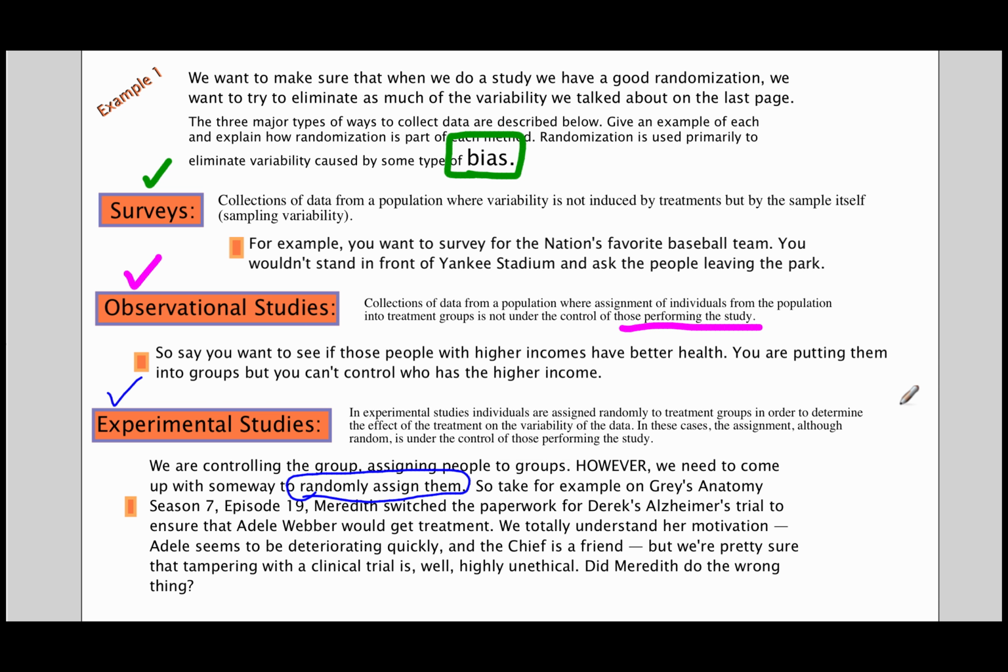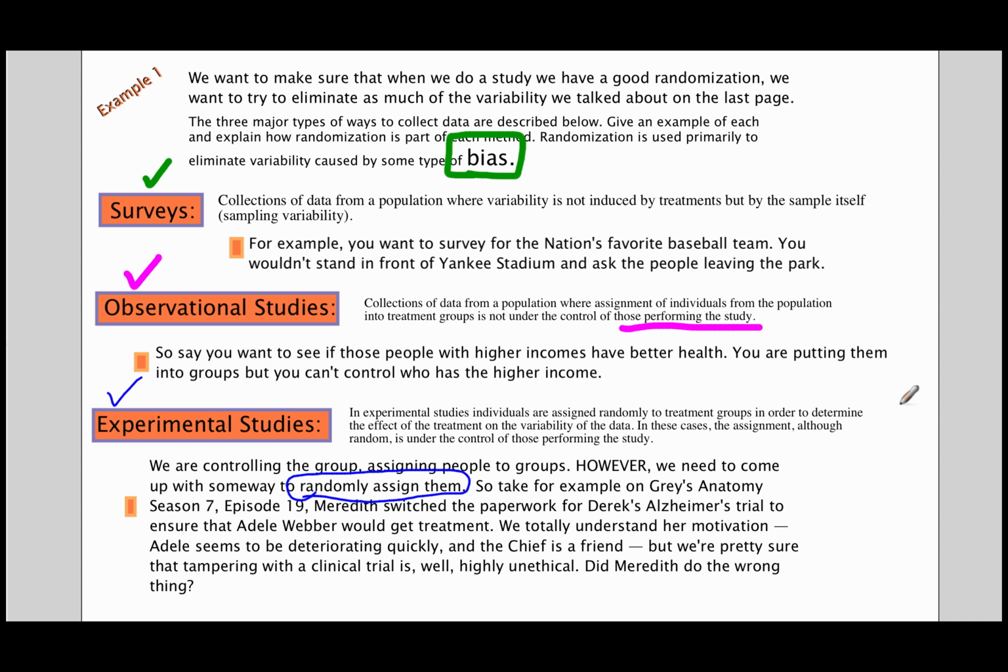We can't play favors. So take, for example, Grey's Anatomy, Season 7, Episode 19. Oh, Sophia, you're just excited right now. Remember Meredith switched the paperwork for Derek's Alzheimer's trials to ensure that Adele Webber got the treatment? We totally understand her motivation. Adele seems to be deteriorating quickly, but the chief is a friend.